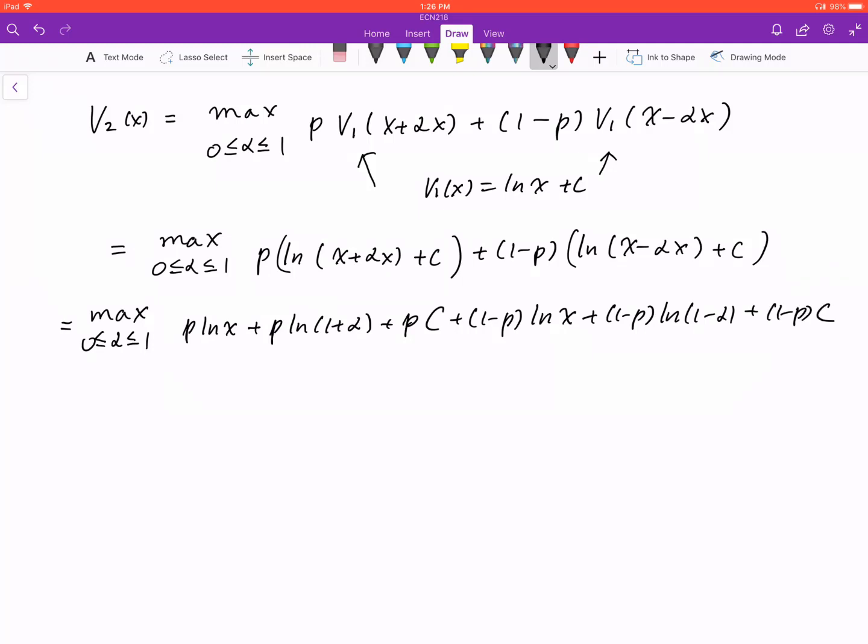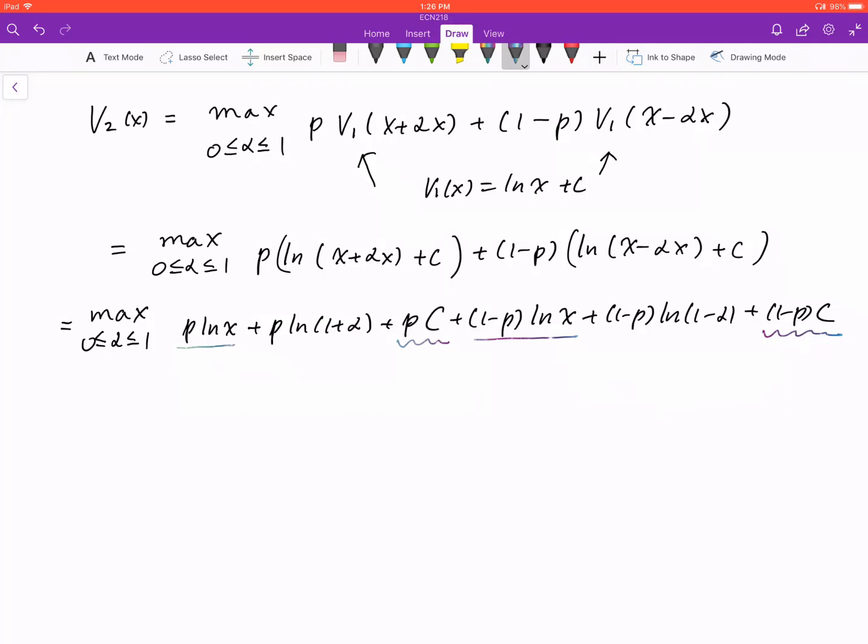Now, that's really a long expression, but it's not too hard to see how to combine them, because over here we have p log x and (1 minus p) log x. If you add them up, it's simply log x. And p times c and (1 minus p) times c, if you add them up, it's just c.